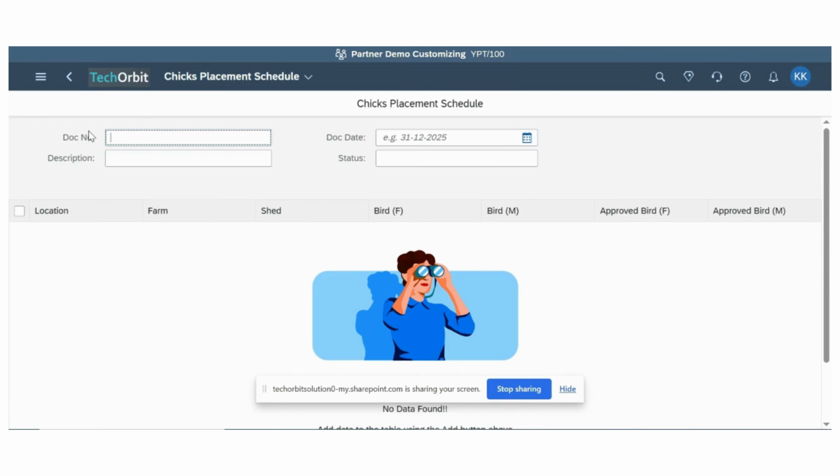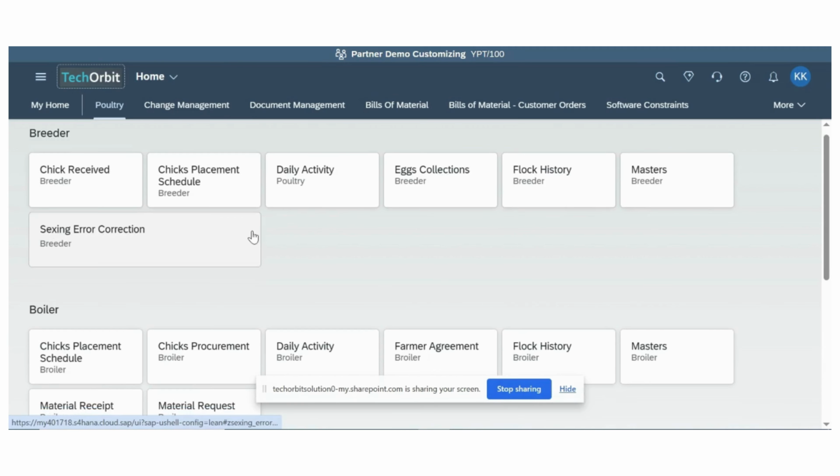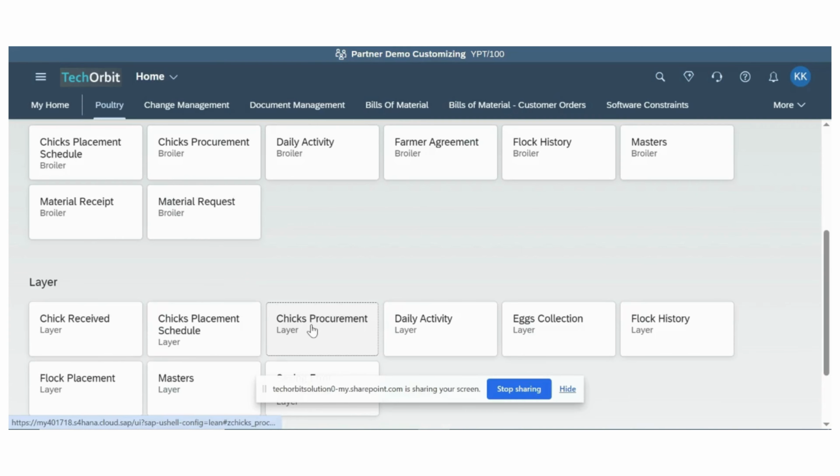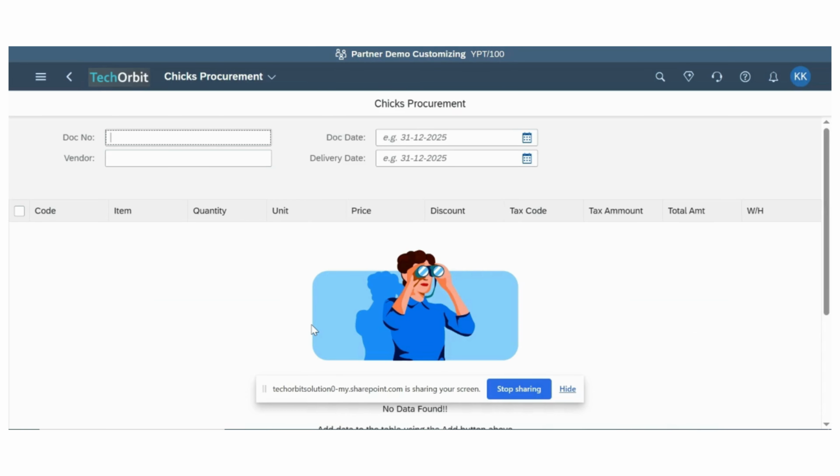The next process is chick procurement. Here we will use the SAP standard procurement process with approval workflow. We don't need any customization or a product for this purpose, so we'll use the standard SAP process to procure the bird.